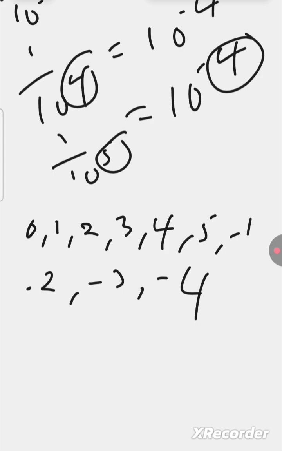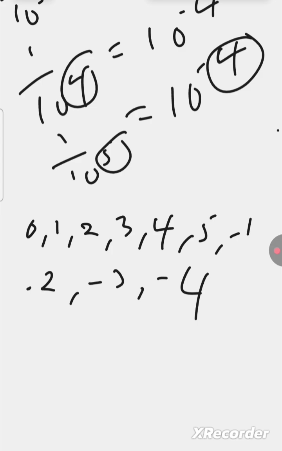Therefore, we say that 0, 1, 2, 3, 4, 5, even negative 1, negative 2, negative 3, negative 4, and so on, are logarithms of numbers to base 10.